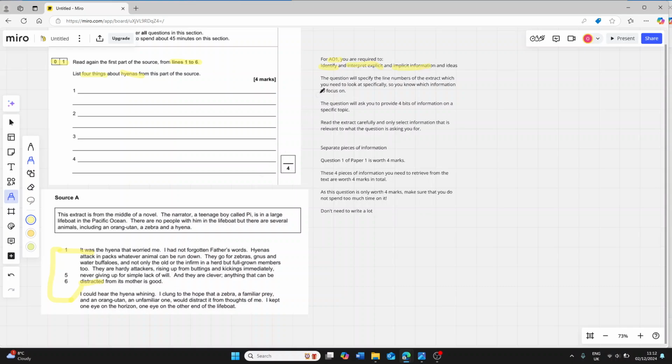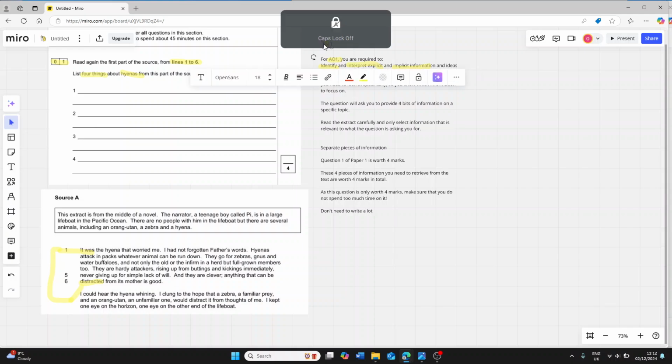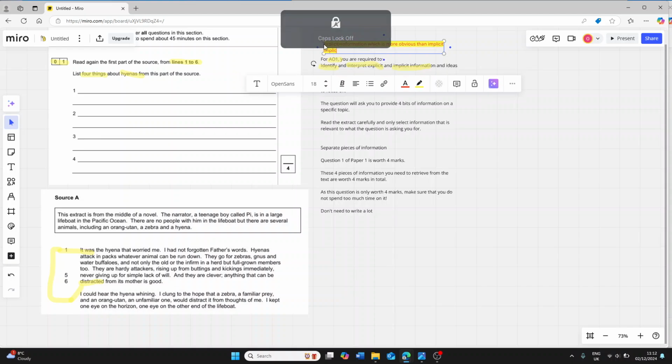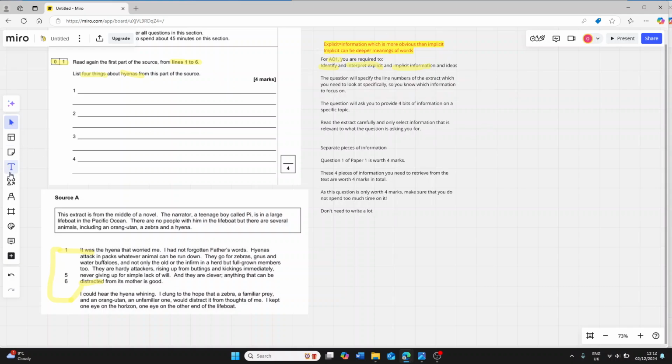And what that means is explicit is information which is more obvious than implicit. Implicit can be deeper meanings of words. So it's basically saying, can you read a text and can you comprehend it? Can you understand it? And can you identify some key parts for me?